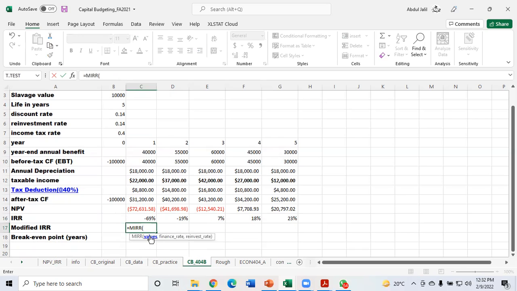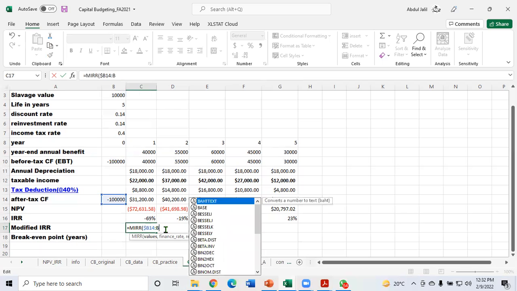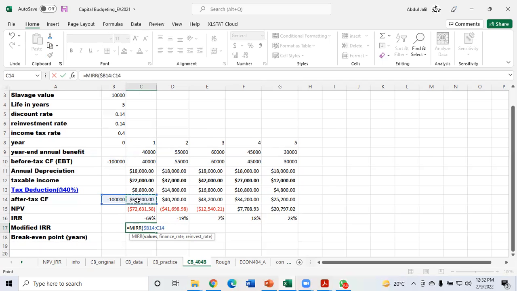Again, you have to identify the values. Column. Okay, this one. Then you have to pick the finance rate.